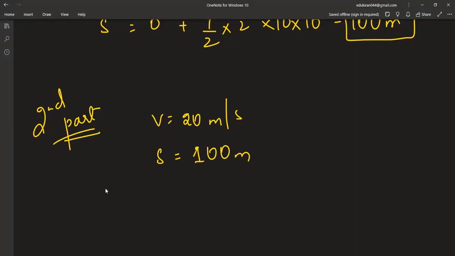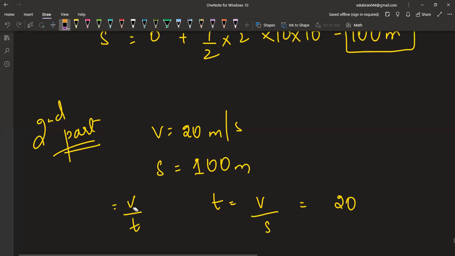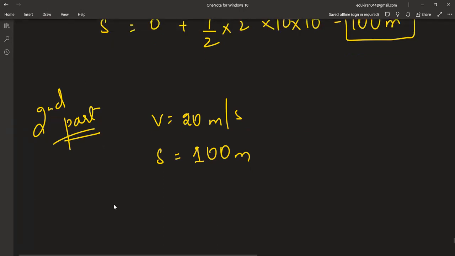See, speed is equal to distance by time.